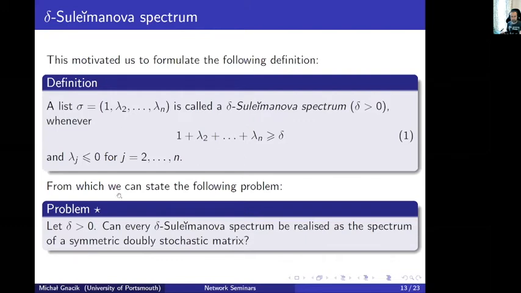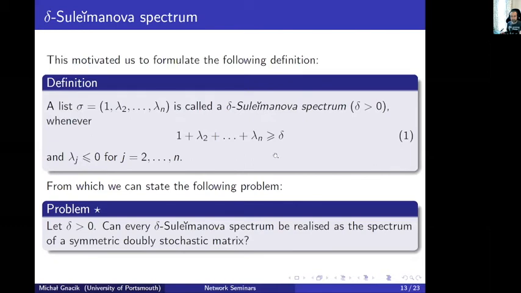So now we are stating the problem: take delta greater than 0. Can every delta Suleimanova spectrum be realized as the spectrum of a symmetric doubly stochastic matrix? So fixing first some delta greater than 0, can we always find a matrix which is doubly stochastic and symmetric, and has this Suleimanova spectrum as its spectrum?